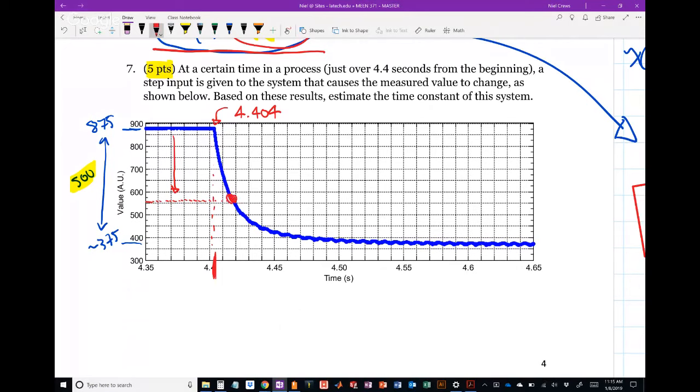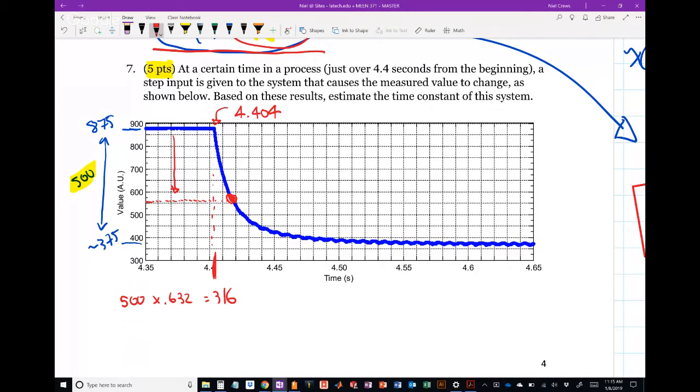The way I got that is I said that 500 times 0.632, right? That's this 316.